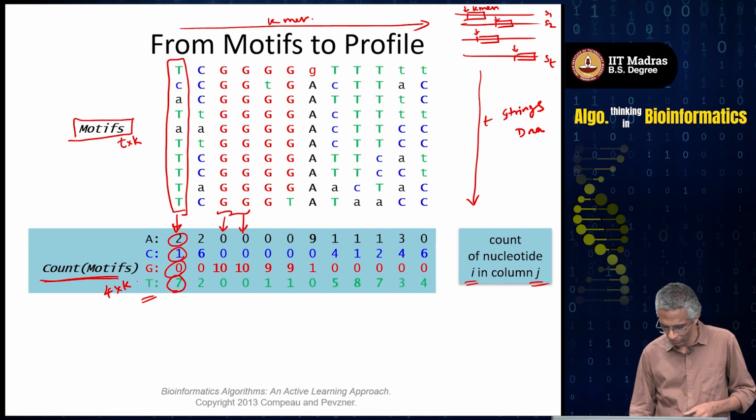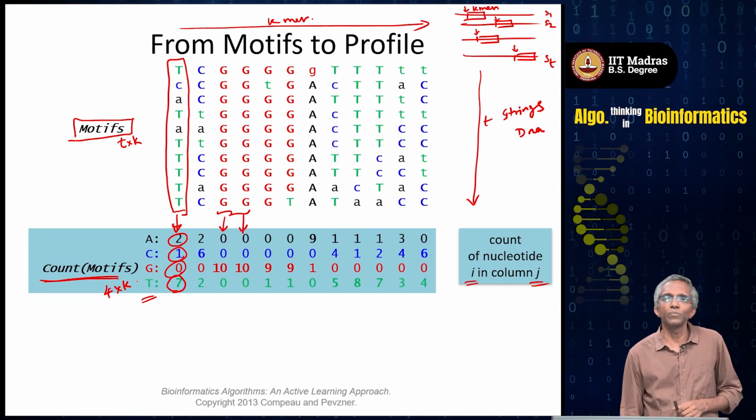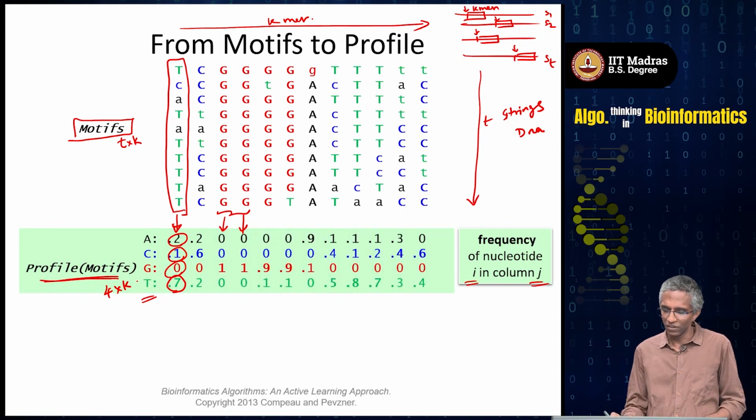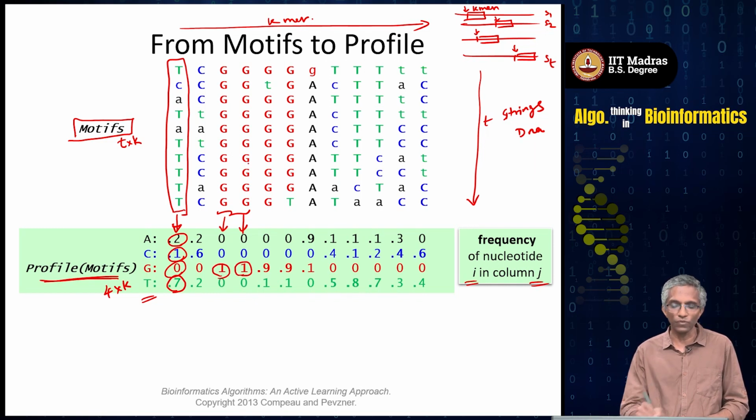Once you have this count, you can easily normalize each column and convert it into probabilities. So, you had 2, 1, 0, 7, you just divide it by 10, and you will get 0.2, 0.1, 0 and 0.7. Similarly, here we had 10, you divide it by 10, you get 1, and everything else is 0 for these all-G columns.